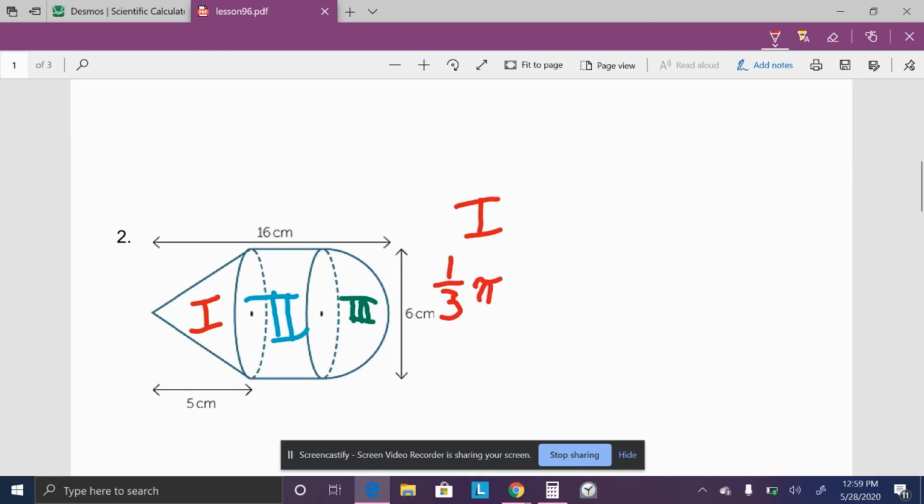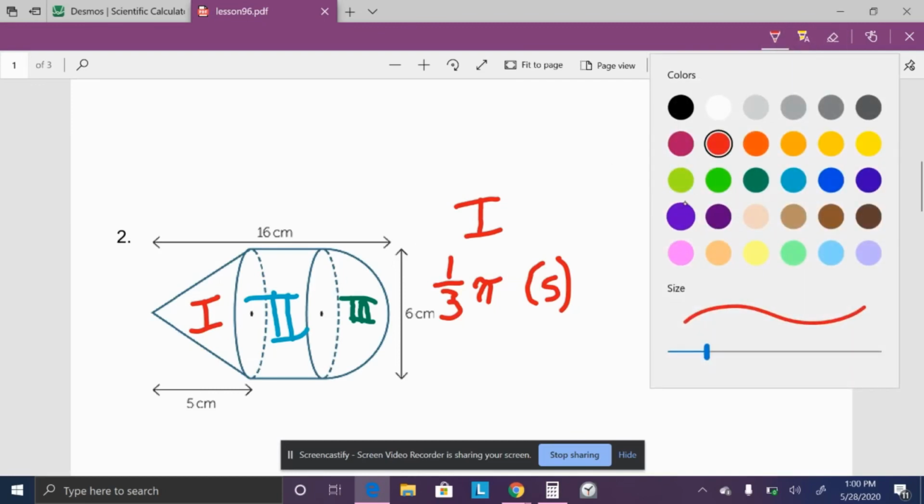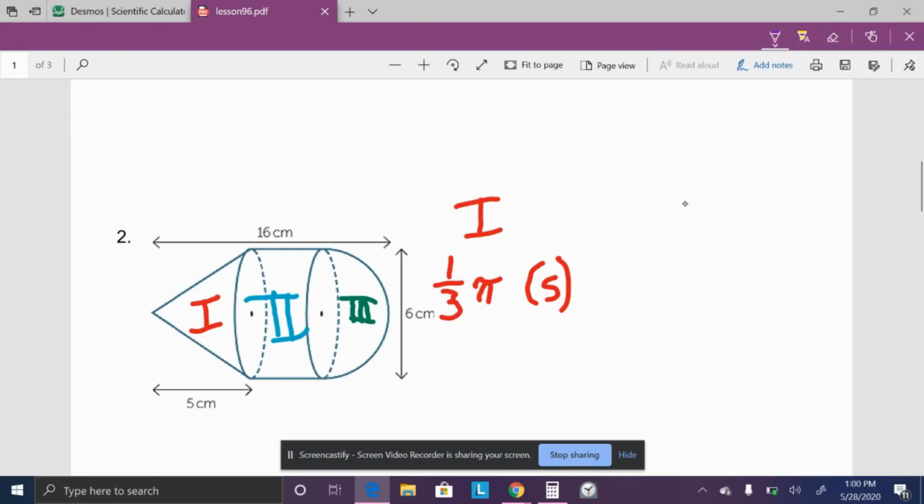The radius, do they give us the radius? No, they do give us this, though. They tell us that this is 6. That means the whole thing here is 6. That means the radius is going to be half of that. So the radius of this is going to be 3. The radius of this is also going to be 3. So this is actually going to be 3 squared.